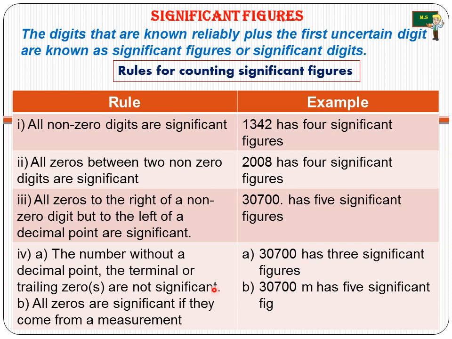Then all zeros are significant if they come from a count. 30,700 meter has 5 significant figures because it is a count, so it becomes a significant figure.